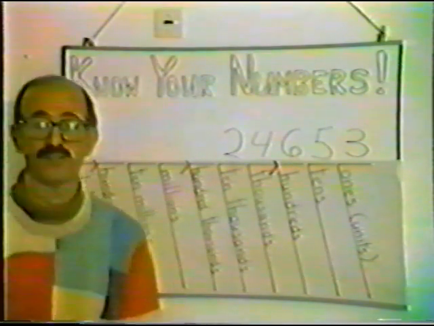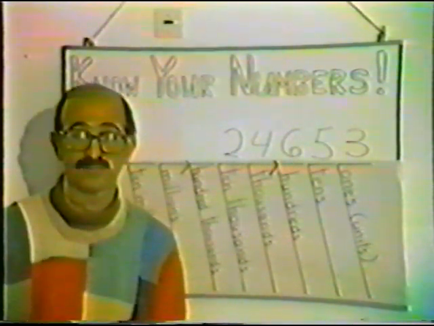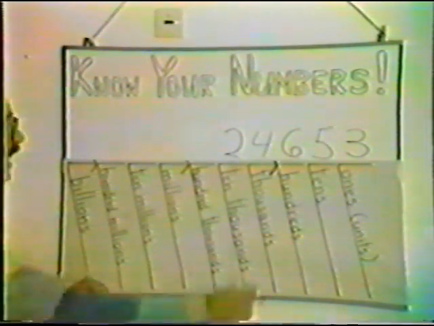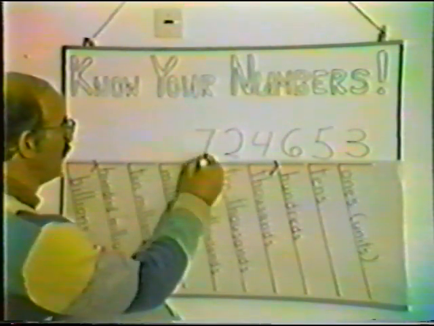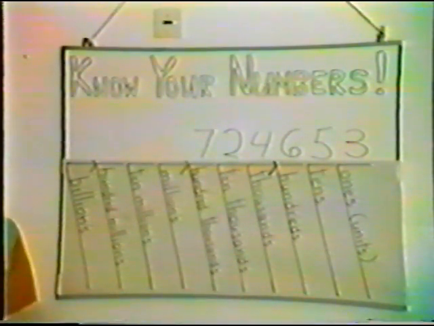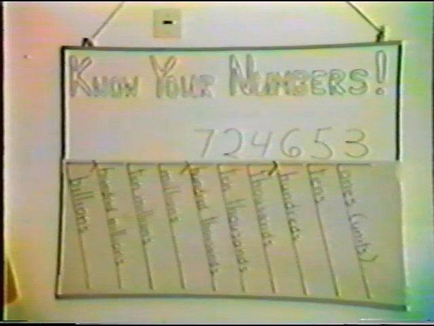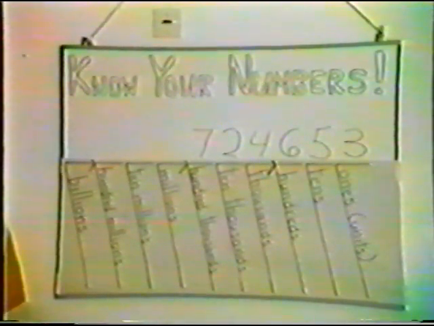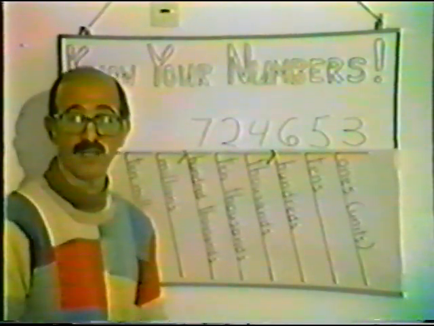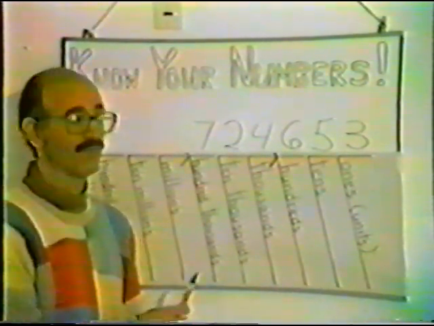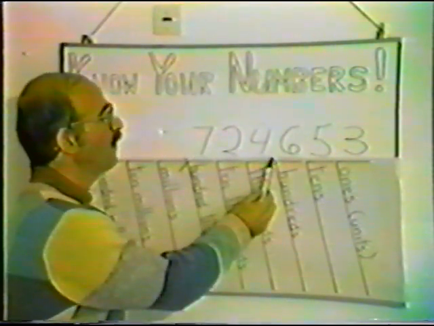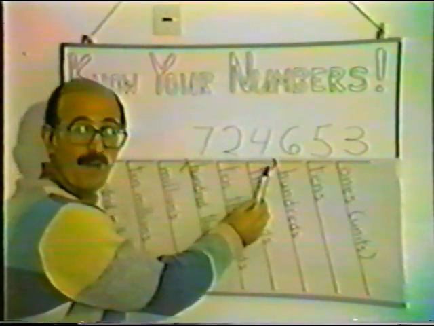What number do we have now? 24,653. And what number do we have now? 724,653. When you see a number like this, first you read whatever this number is before the thousand comma.